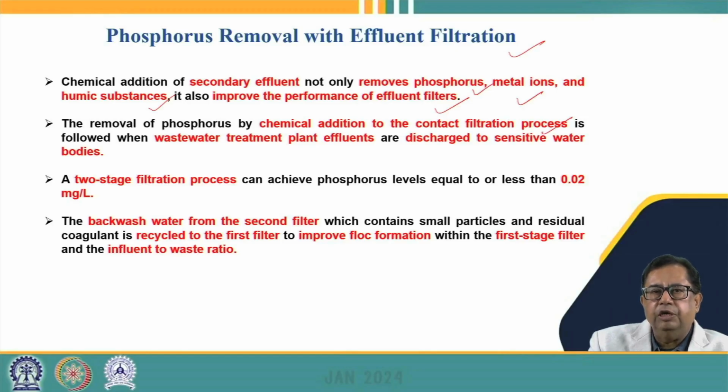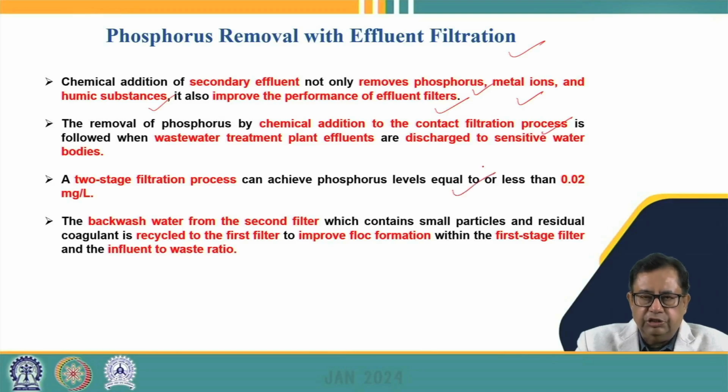So where we want to maintain low levels of phosphorus, and the water bodies into which we are discharging the water are highly sensitive, in that case we can go for the chemical addition to the contact filtration process. We can have two-stage filtration processes here, right? So that we can maintain less than 0.02 milligrams per liter of phosphorus.